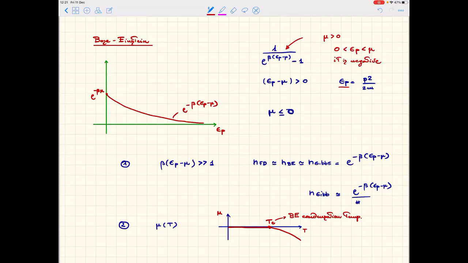But this function is the distribution of particles, the number of particles in a certain mode. Do you think a negative number of particles in a certain mode has a physical meaning? No. And therefore mu has to be negative, or at most 0. It cannot be positive. Okay?